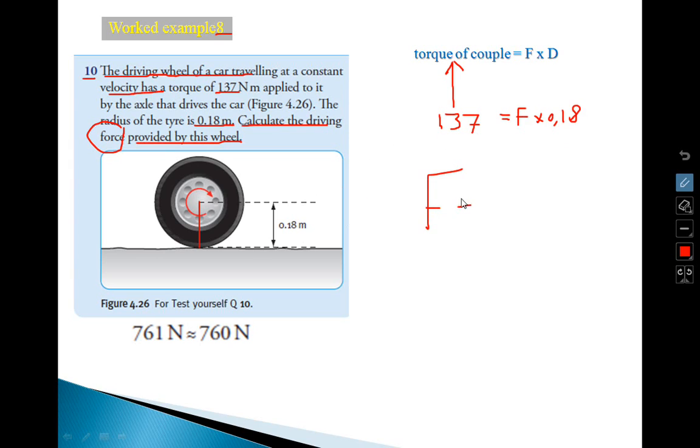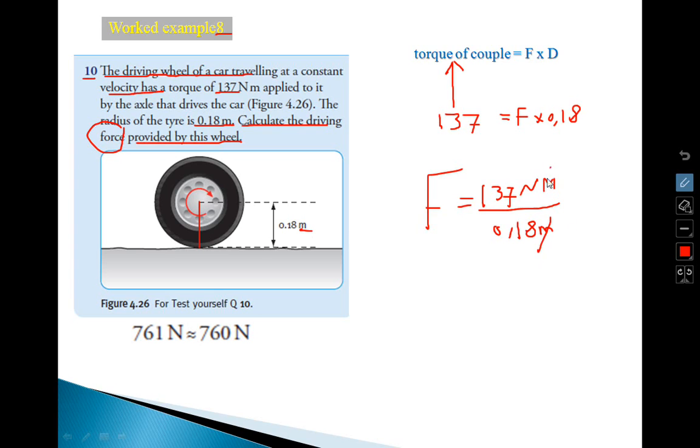So F is equal to 137 Newton meter over 0.18 meter.